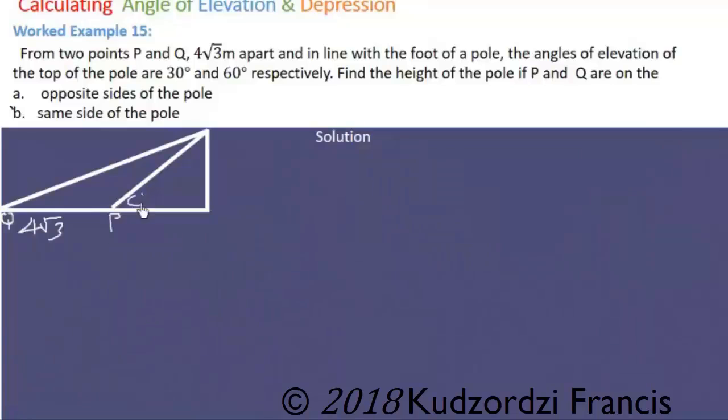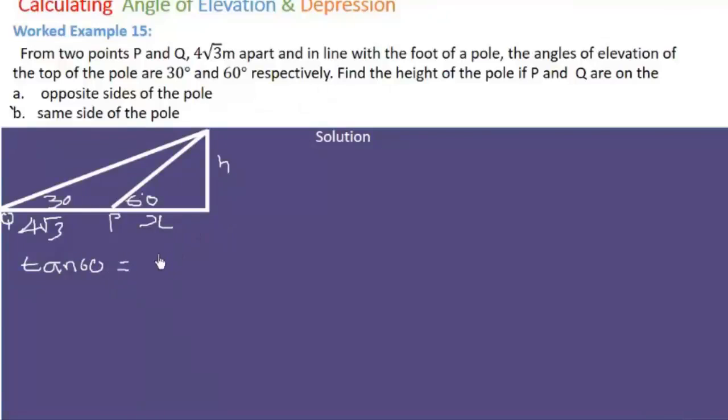So this is 60 and this is 30. So this is h, so we are looking for h again. And we don't know this, so let it be x. So now we use the tangent ratio again. So we know tan 60 will be equal to h over x.